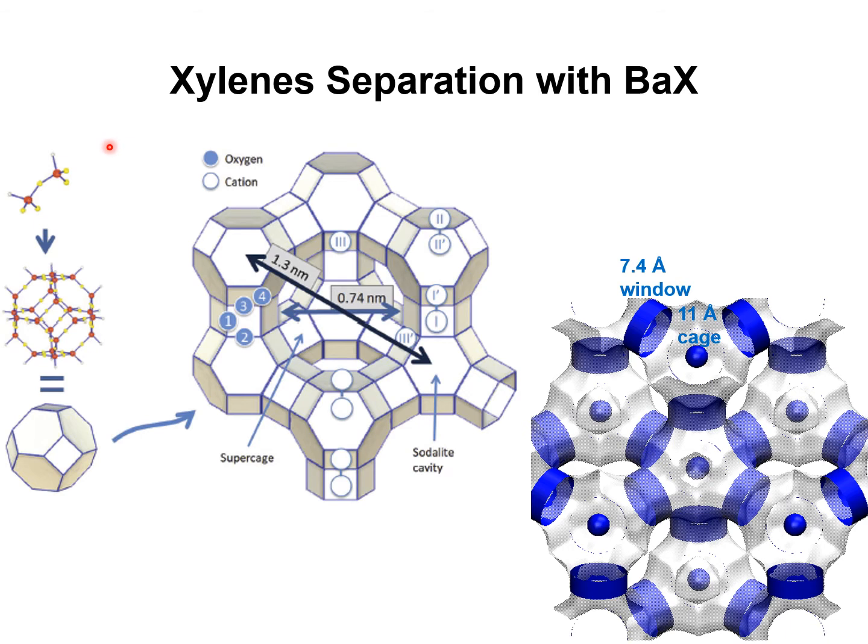In current industrial practice, the adsorbent used in simulated moving beds is barium-X zeolite that has the faujasite topology that consists of cages of approximately 11 angstrom size that are separated from adjacent cages by 7.4 angstrom windows.